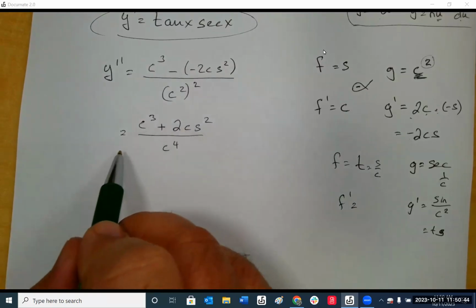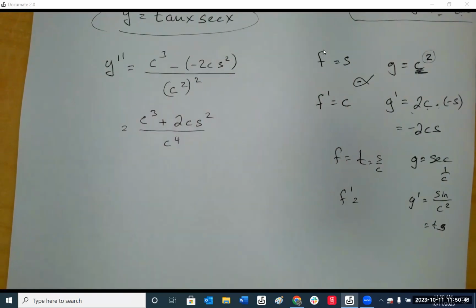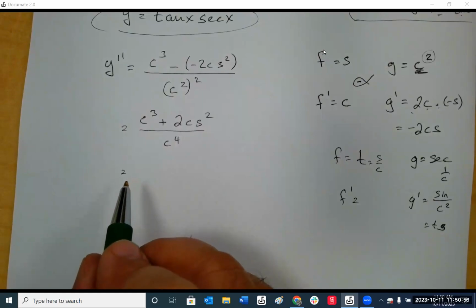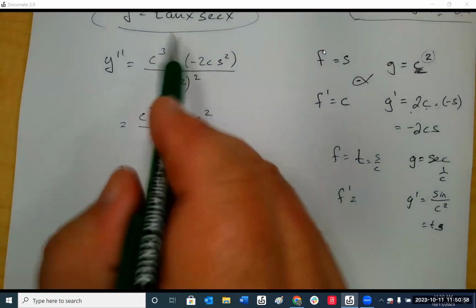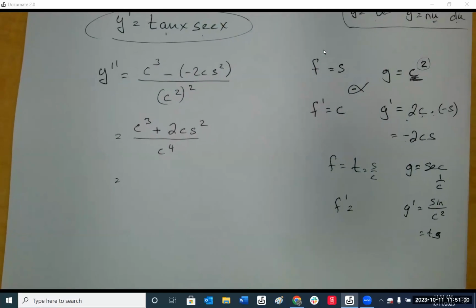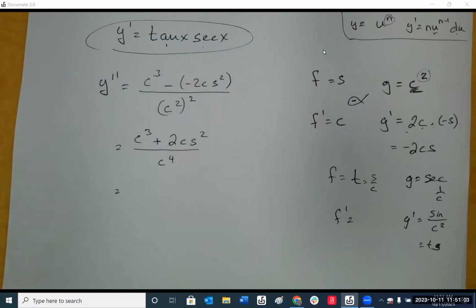If we took out the cosine, what would that give us? Because now we have to put it back into terms of tangent and secant or cosecant, whatever we have left.